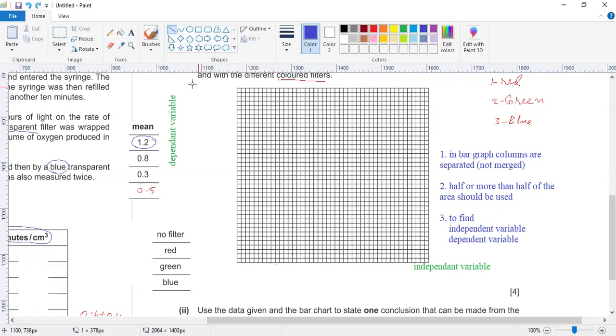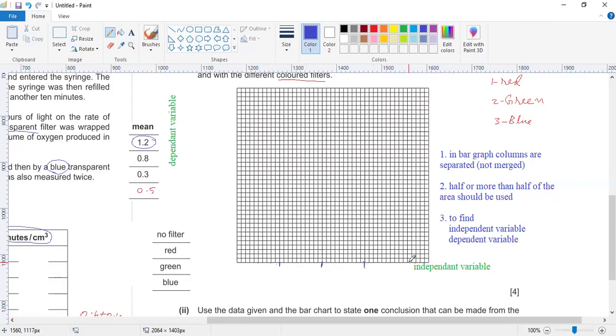Or you can do like this. Don't do like this. You can use this one. Count 1 to 10, then again 1 to 10, and again 1 to 10.